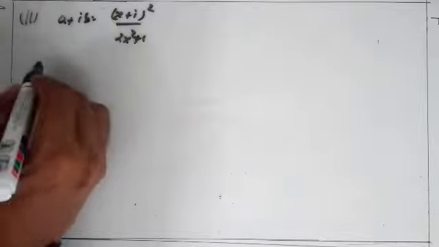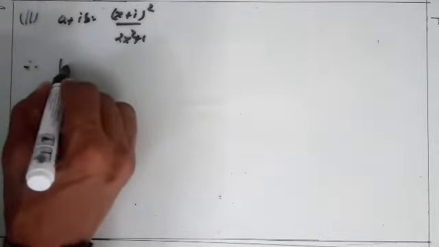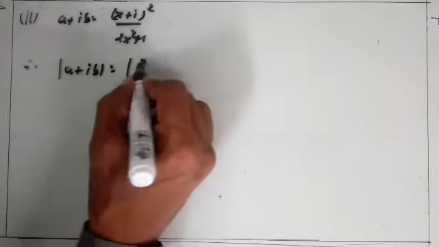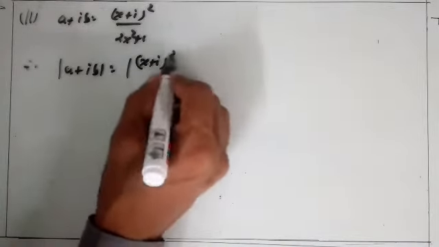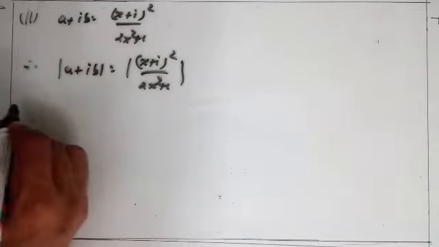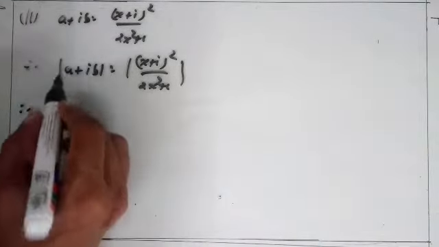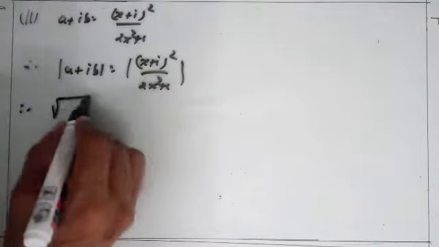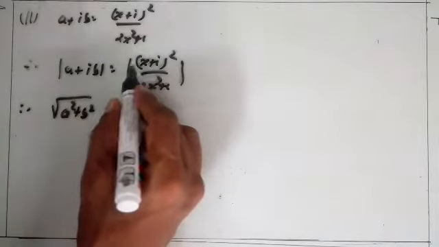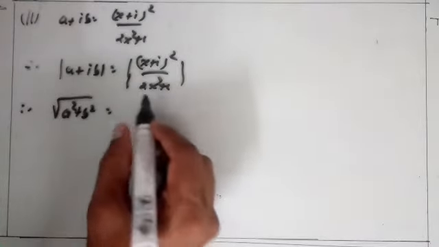So apply magnitude on both sides: mod of (a + ib) equals mod of (x + i)²/(2x² + 1). The magnitude of this is the root of a² + b². Clear? Apply magnitude to both numerator and denominator.